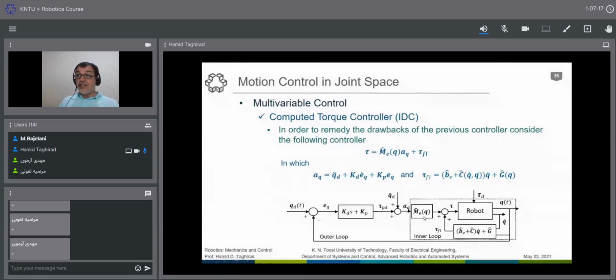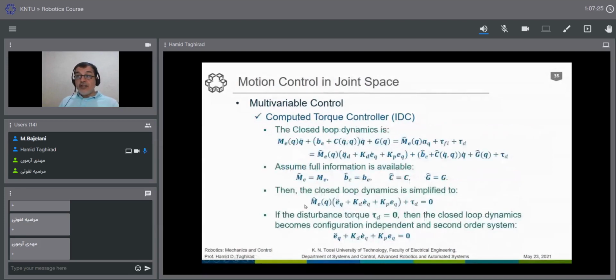And furthermore, since it is in the feed forward, we are multiplying KP, KD times this to this M. This will result in factorizing M of Q out of the error dynamic. And we know that M of Q is a positive definite term. It is always positive. It is invertible. So this means that this can never become zero, and this error dynamics is equal to zero.